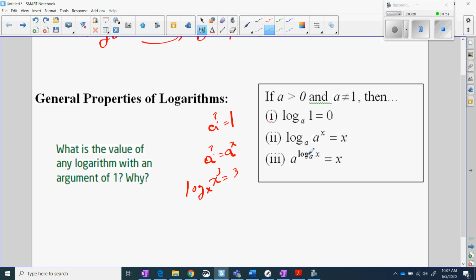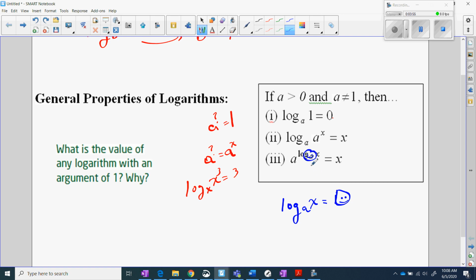To show you why this has to be true, just imagine that I took this and put a happy face here instead of that. So the rule would be, if I switch it to a logarithm, the log of x to base a would have to equal the exponent, which is, in this case, my happy face.